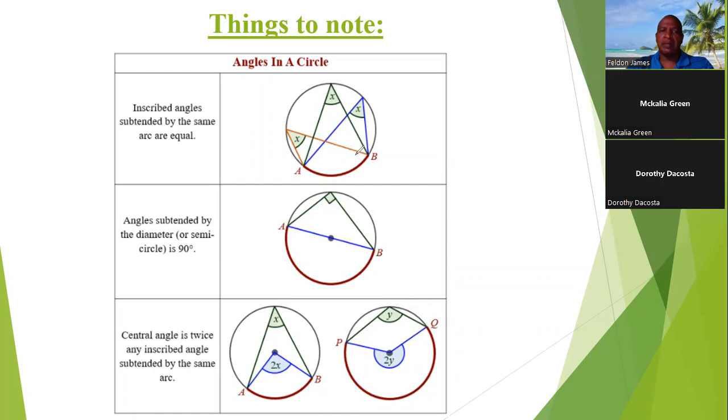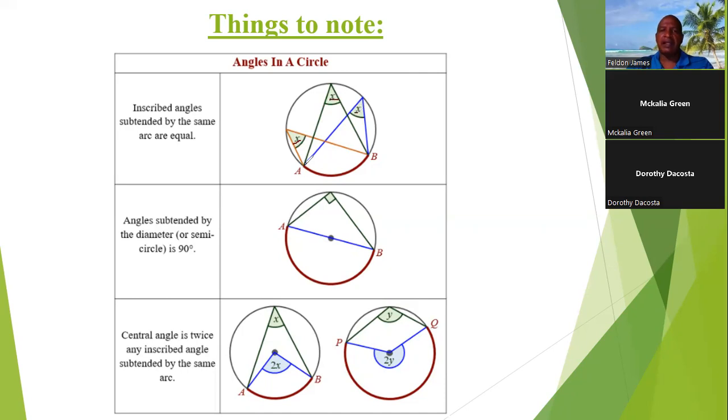This is talking about angles in the same segment, or angles touching the same arc. From the line AB, these angles above the line AB would be in the same segment and they are touching the same arc, and hence they would all be equal to X. So we had looked at that already.